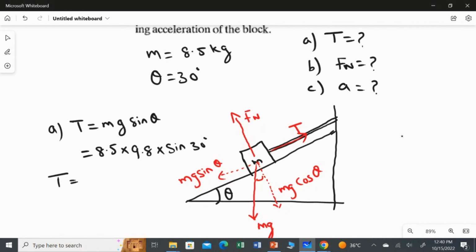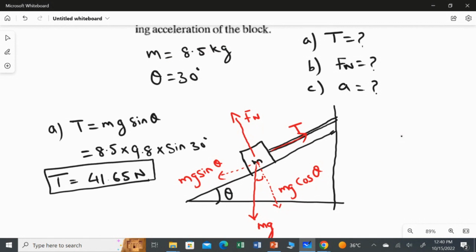What's the answer? 8.5 multiplied by 9.8 multiplied by sine of 30 degrees, I got 41.65 Newton. So this is the answer for the first question.